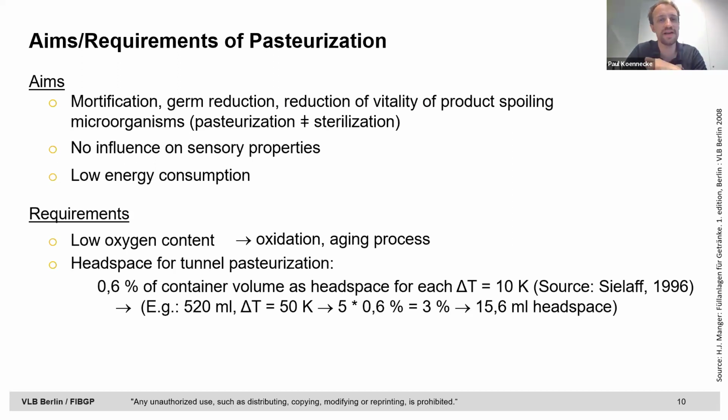So we have to have some headspace just not to explode your bottles in a tunnel pasteurizer. And there you have a little bit of a rule for that. For each temperature difference of 10 Kelvin, you want to have 0.6% of container volume for headspace. So when you do a little calculation for 520 milliliters and a temperature difference of 50 Kelvin, you more or less want to have 3% of your volume in your bottle to be the headspace for preventing explosions through increased pressure while pasteurizing.